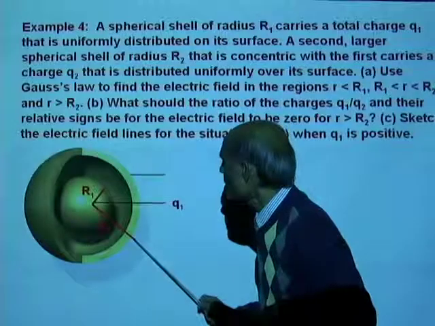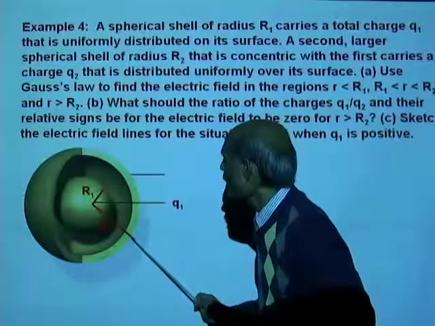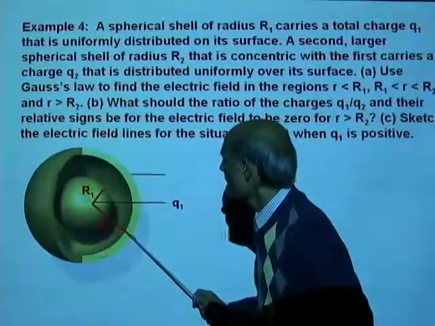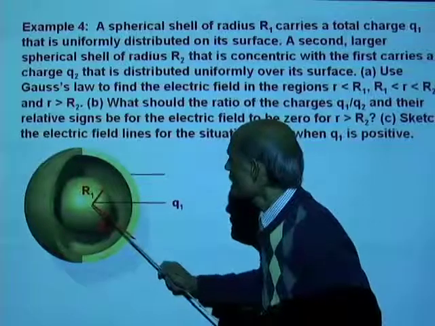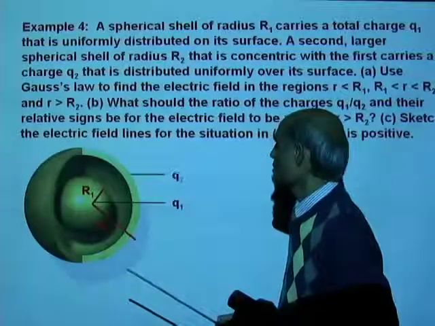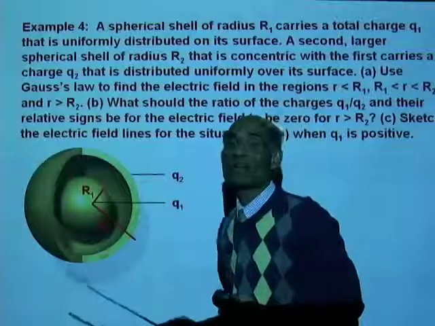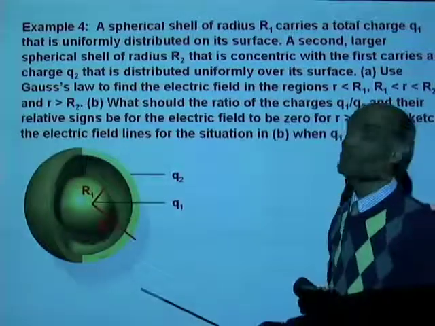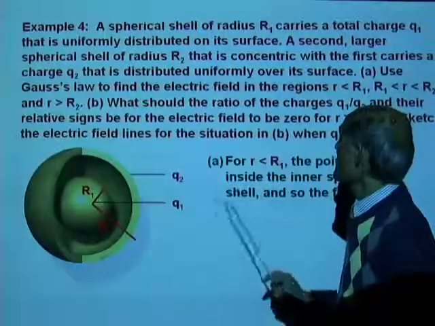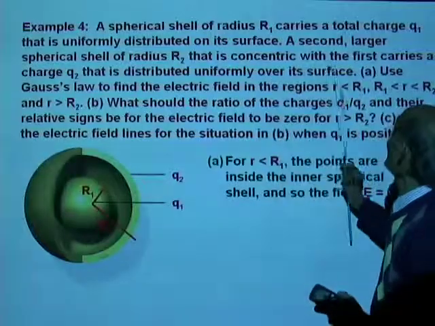Well, I think my line overshot a little. It must stop here. So the radius of the outer shell is R2 and it carries an amount of charge Q2. Okay, what is the first thing that we need to find?